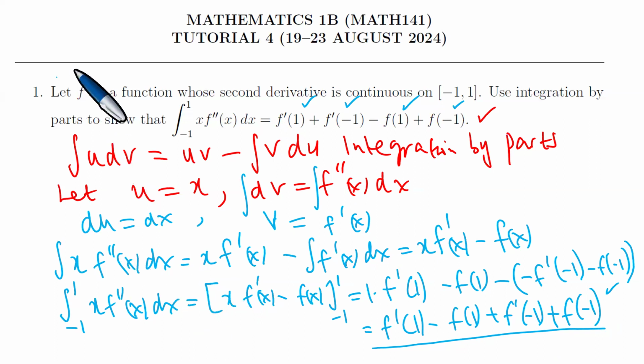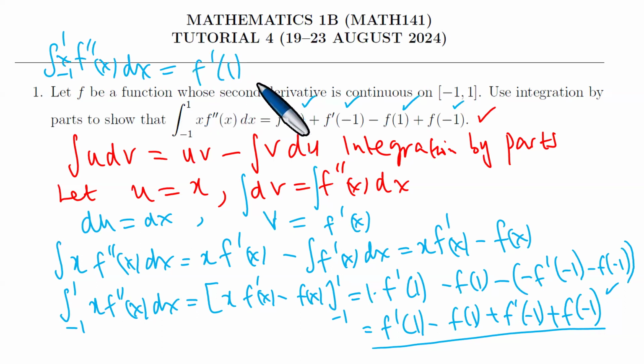In other words, we concur with the claim by the person who wrote this chart. We have f primed of 1, and then we add f primed of -1.